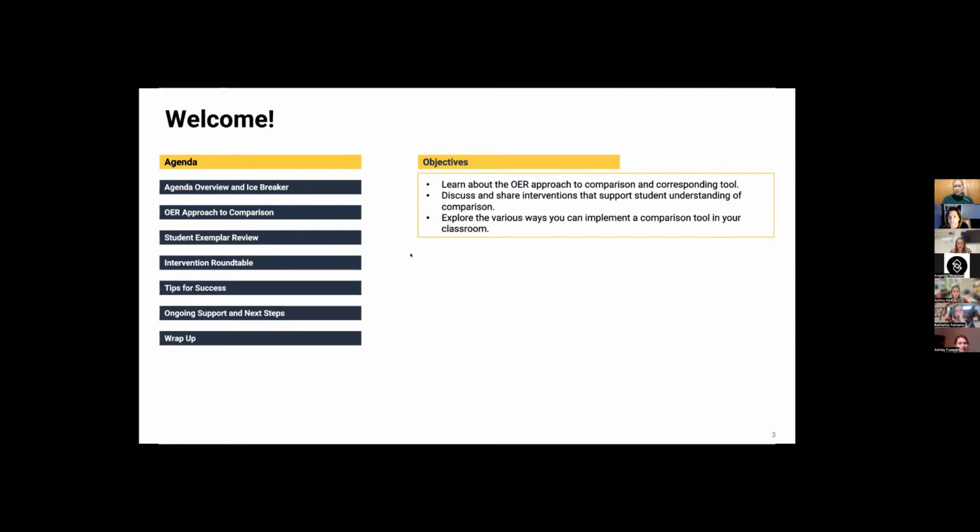We'll come back together as a group and discuss some of your observations based on the tools that we've shared with you. We'll then give you a chance to get together again in breakout rooms and think about interventions, so the ways that you would use your skills to coach students, to coach them up, to meet them where they are, and to scaffold their growth as comparison makers.